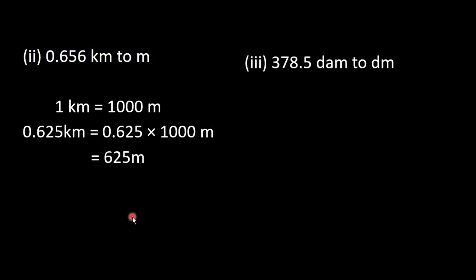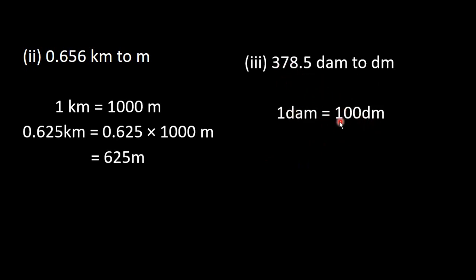Let's look at the next: 378.5 decameters to decimeters. Now we know that 1 decameter is equivalent to 100 decimeters. So it implies that 378.5 decameters is going to be equivalent to 378.5 times 100.